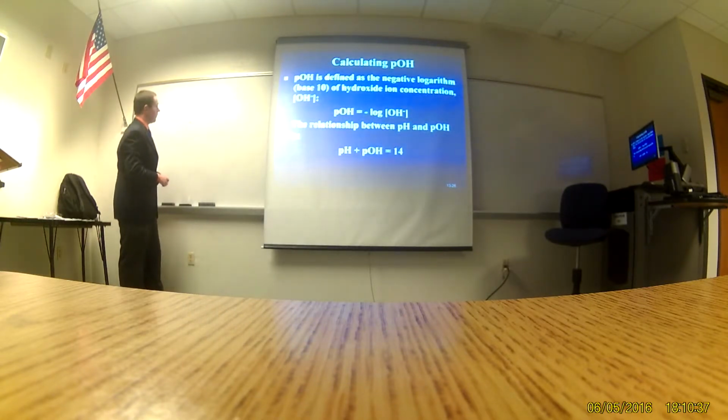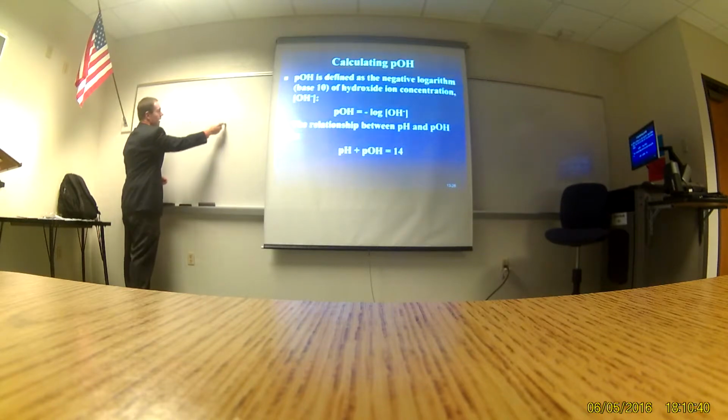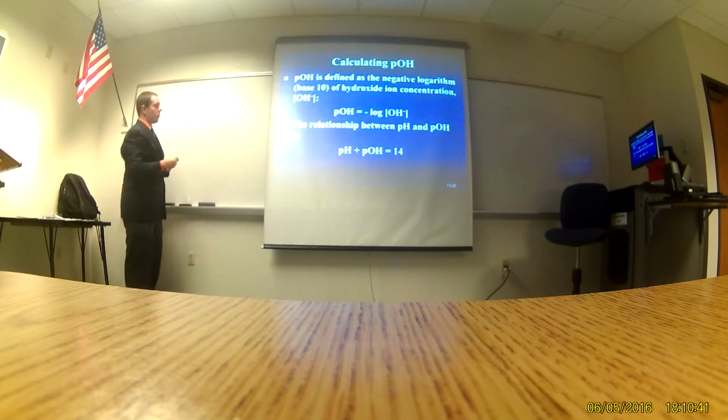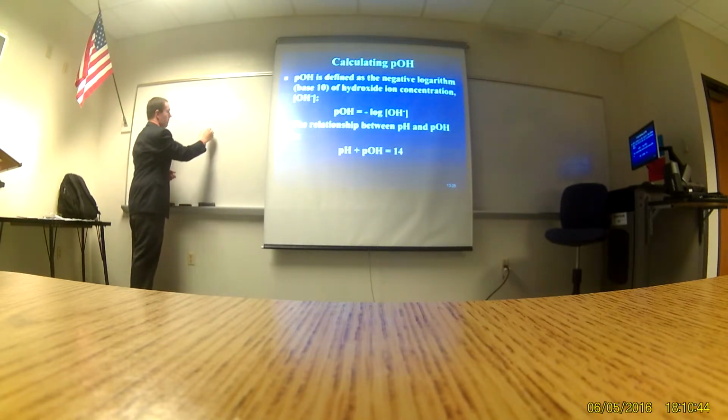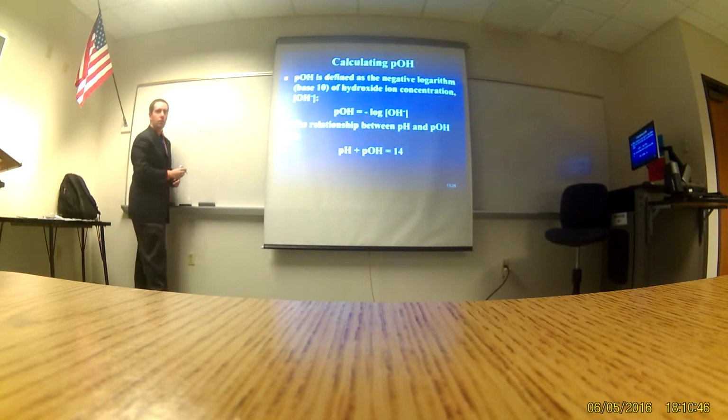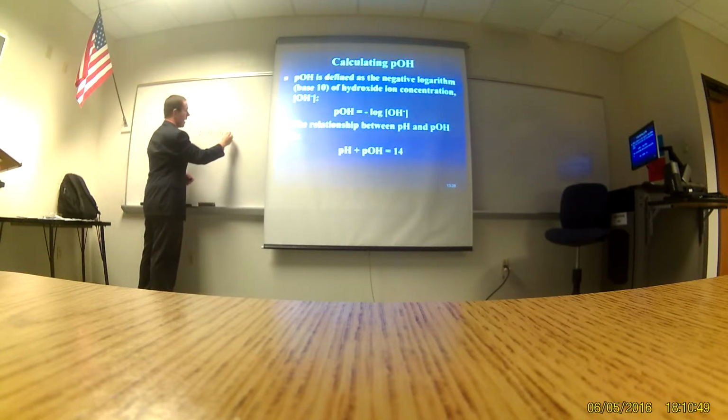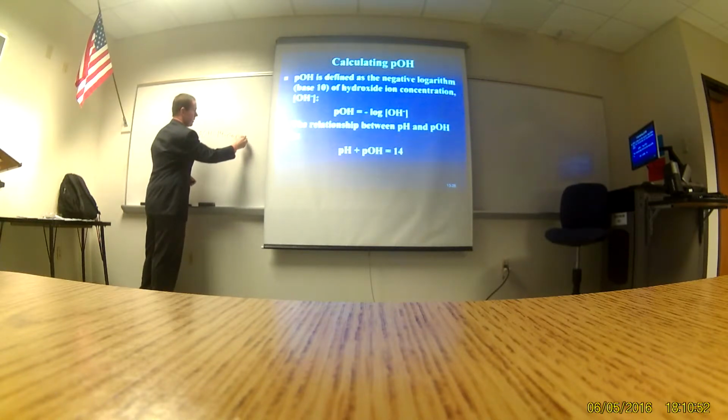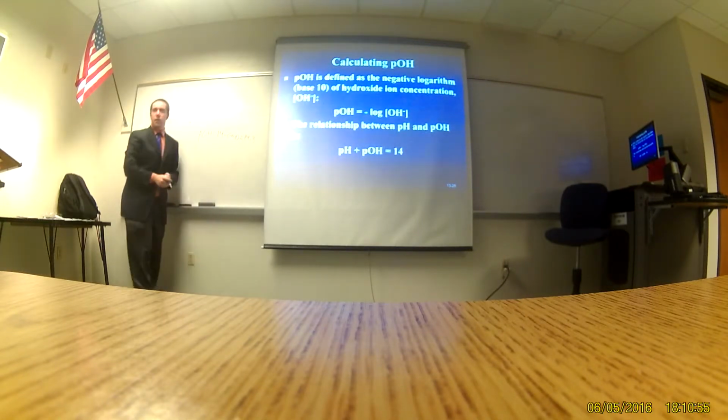So, if my pH here was negative 0.3, what is my pOH? It's 14 minus negative 0.3 equals 14.3.